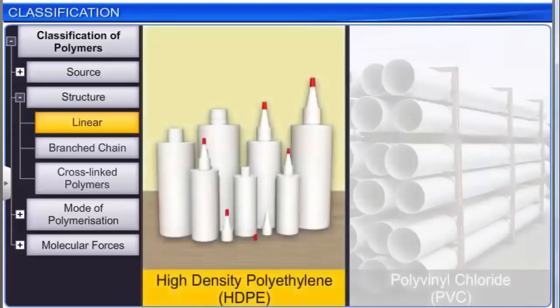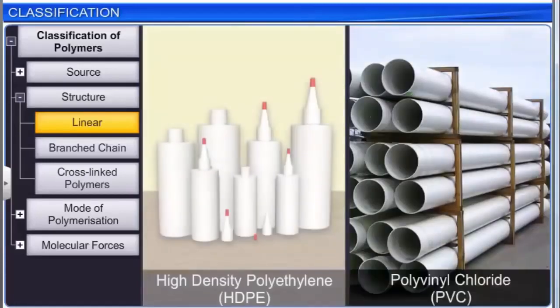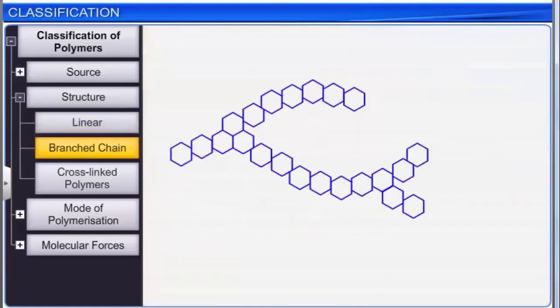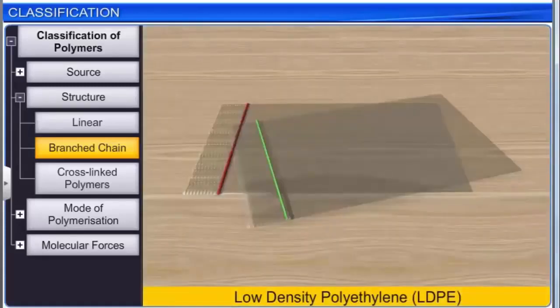Examples are high-density polyethylene, or HDPE, and polyvinyl chloride, or PVC. Branched chain polymers contain linear chains that have some branches. One common example of a branched chain polymer is low-density polyethylene, or LDPE.